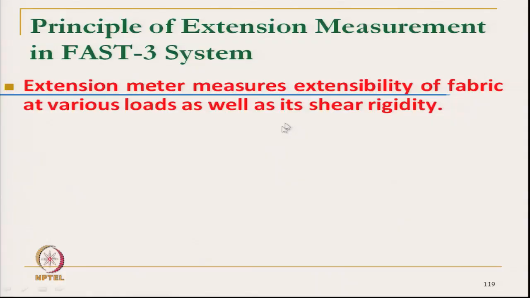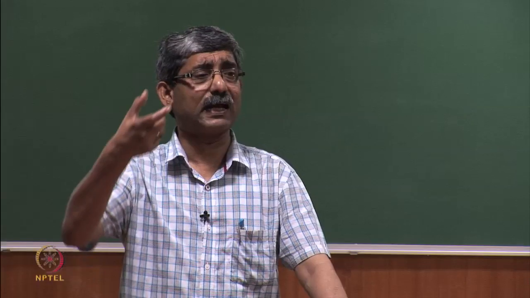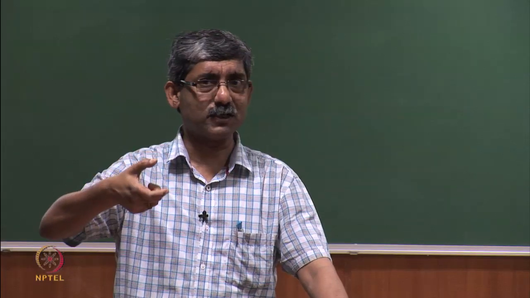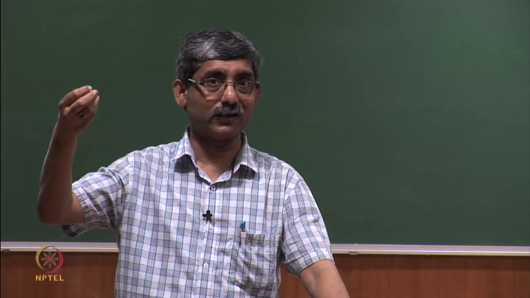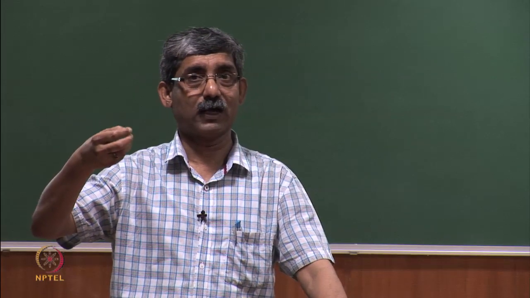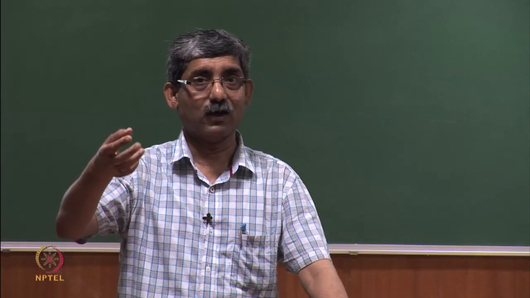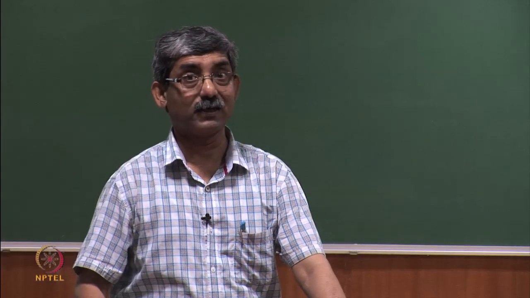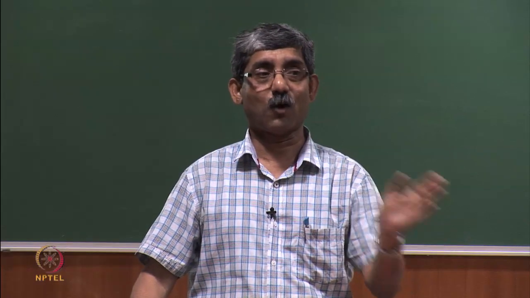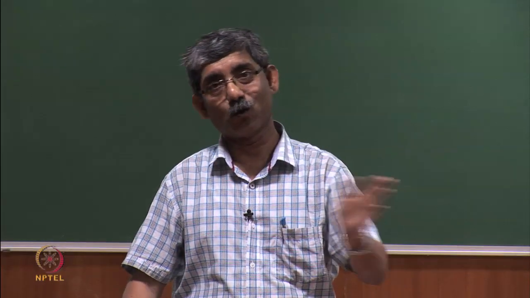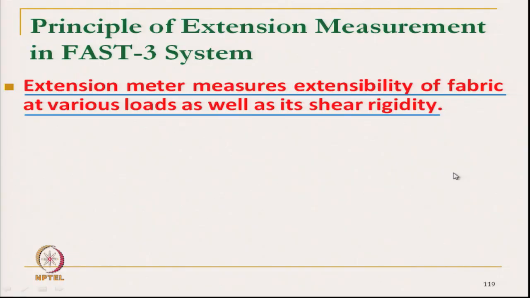So, it gives an idea about the extensibility, it is not the tensile, you can say it only gives the extensibility of the fabric, because at a fixed dead weight load, if it hangs, what is the extension, it gives only that idea. It is not like the Kawabata system where we load and unload, and as well it gives the shear rigidity value.